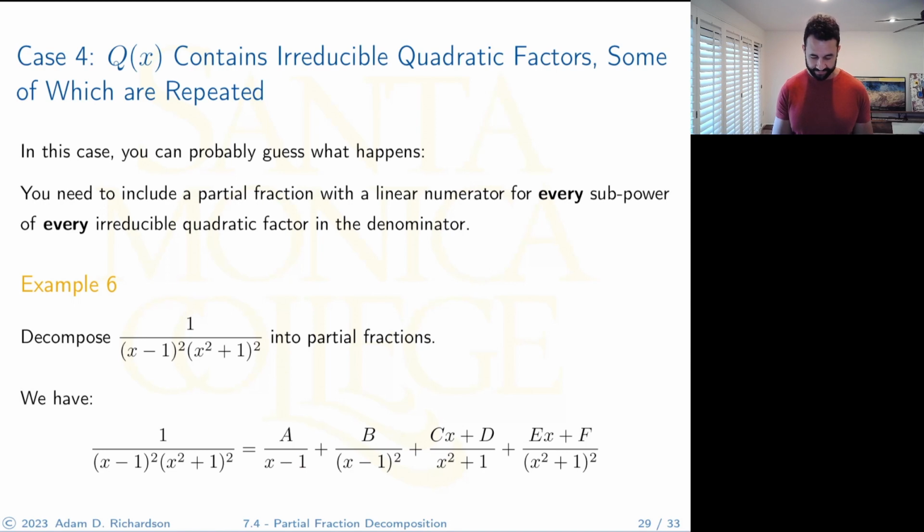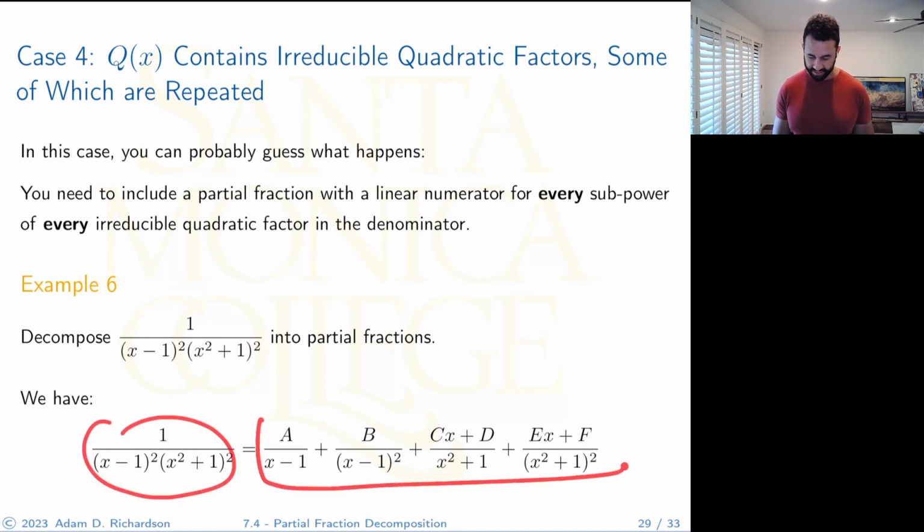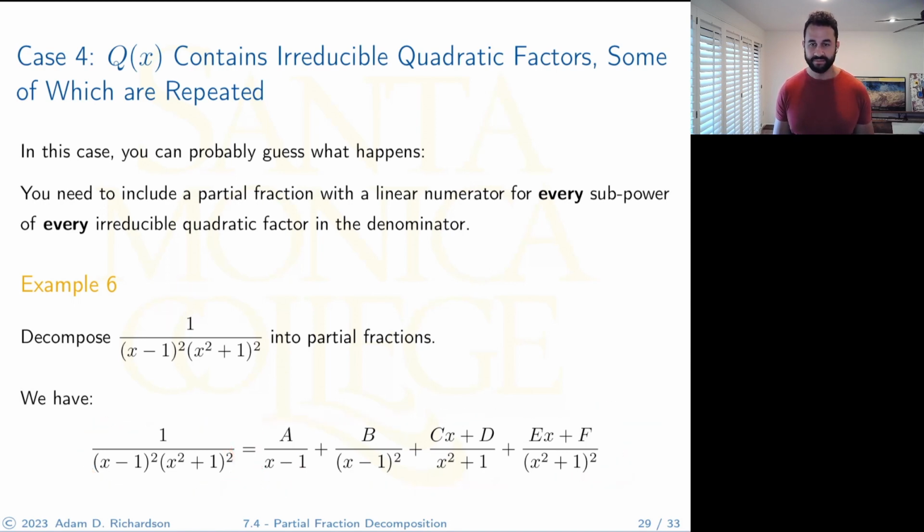Here we go. This decomposes into something that looks like this. We've got this fraction for one of these powers. We've got this fraction for the other power. We've got this fraction for one of these powers. And we've got this fraction for the other one. And that's basically the idea.